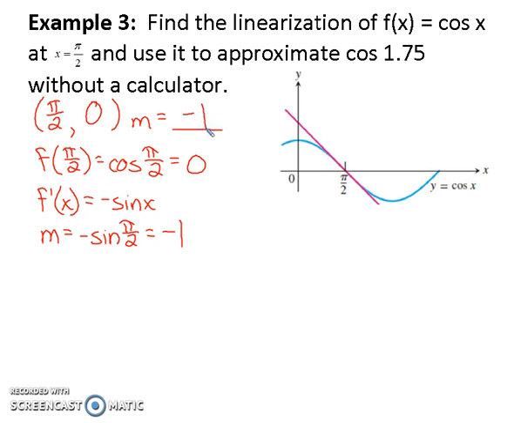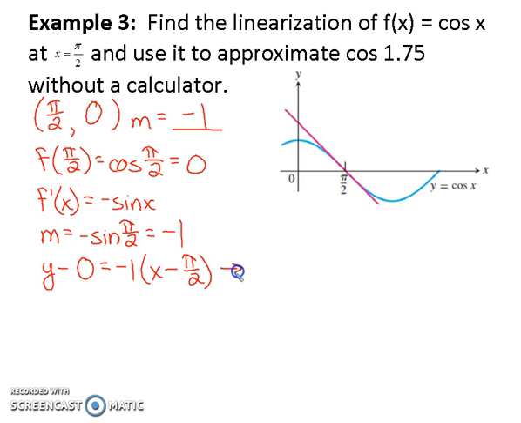We've been doing this for months. And so at this point, my tangent line would be y minus y1 equals m times x minus x1. That tangent line can be used to approximate my cosine function for x values that are close to pi over 2, like 1.75.